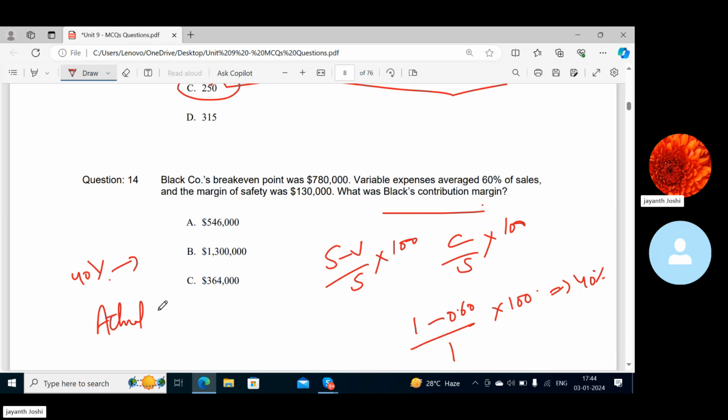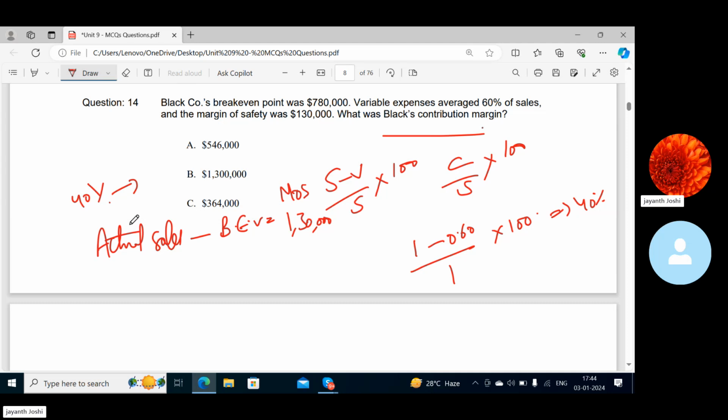So actual sales minus break-even sales is equal to margin of safety, right? Yes, sir. Budgeted sales minus break-even sales is the margin of safety. What is the budgeted sales?